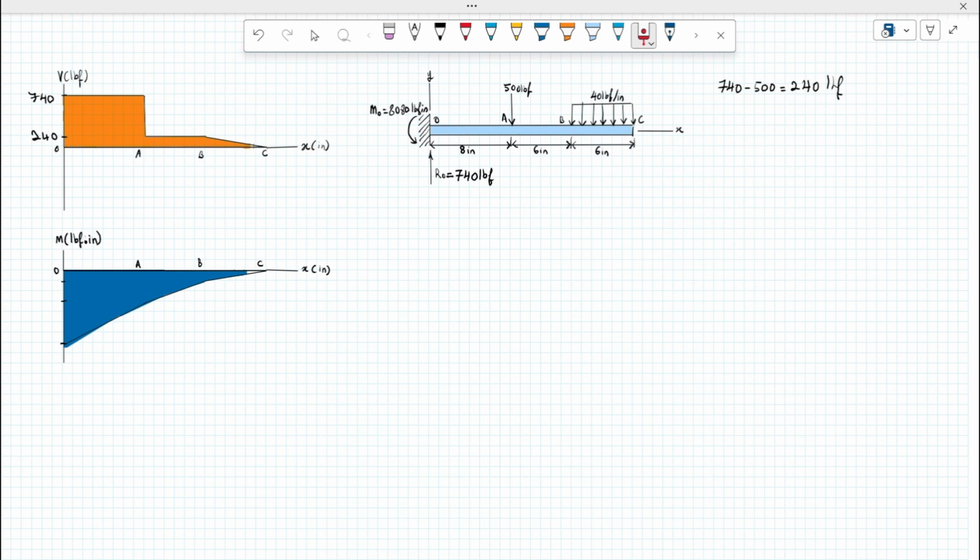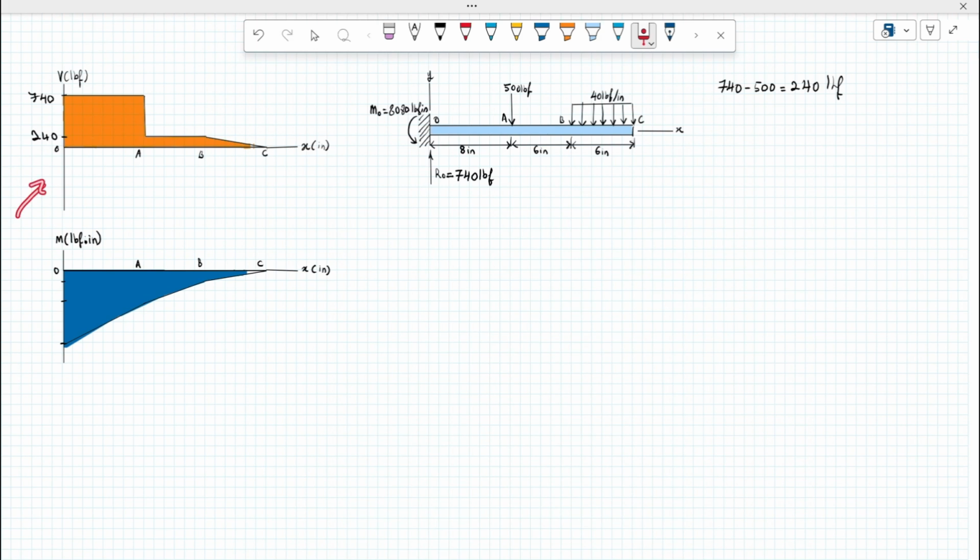So if you can see, from point B to C, all of the arrows is going downwards. So from 240 over here, it will eventually decrease to 0 because 240 going upwards, positive, and then you gradually put load going downwards until 0 at point C. So that is why at point B, you have load that is 240 and then going to a straight line towards 0 at point C.